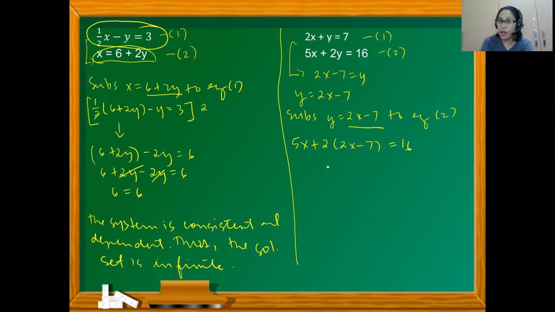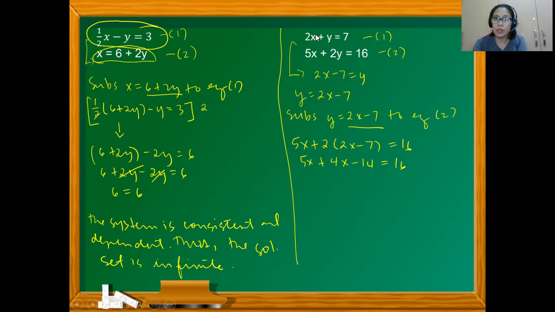Take note again that we come up with one variable only, and that's variable x. And we will solve for x here. So we have 5x plus 4x minus 14 equals 16. Okay? So we have, oh, from here, 2x minus y equals 2x minus 7 equals y.